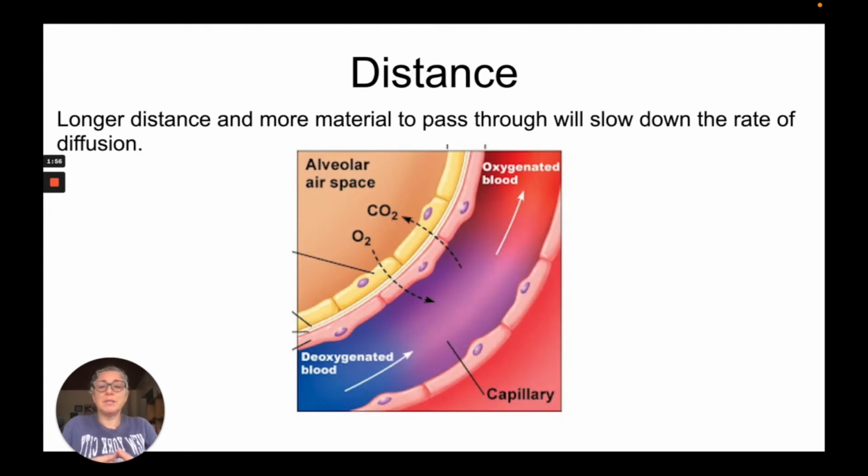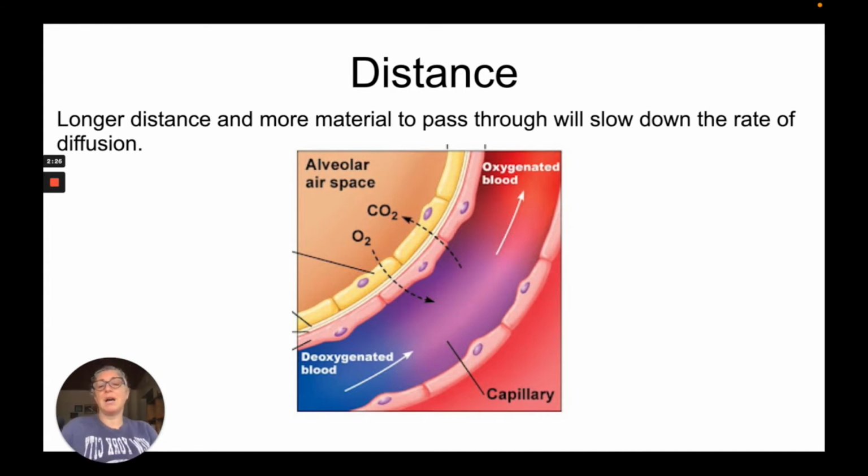The longer the distance and the more material that a molecule has to pass through will slow down the rate of diffusion. This is a picture of the alveoli next to a capillary, and we can see that the oxygen and the carbon dioxide molecules each only have 2 cells that they have to diffuse through in order to get to the respective location.